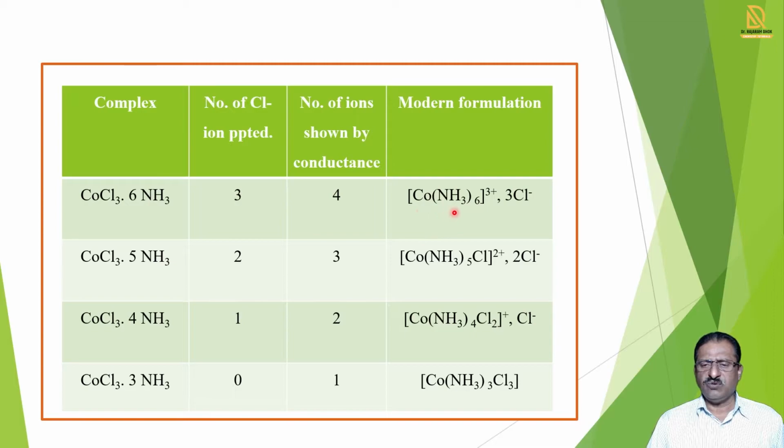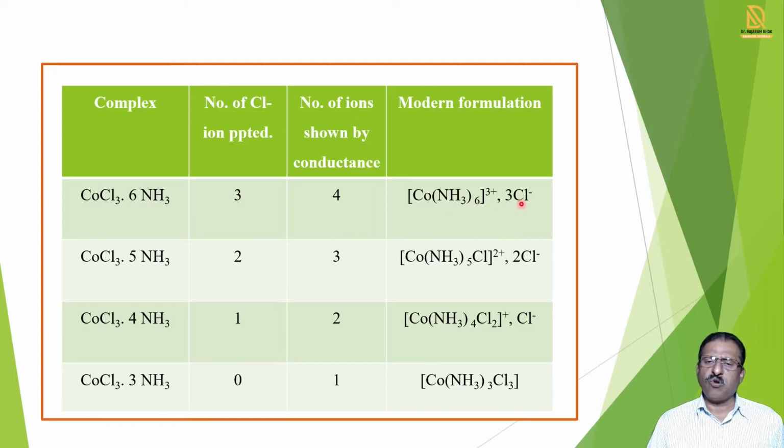In this complex, the total number of chloride ions precipitated by silver nitrate is 3, because when we add silver nitrate to this complex compound and test how many chloride ions are present, there are 3 Cl- ions.